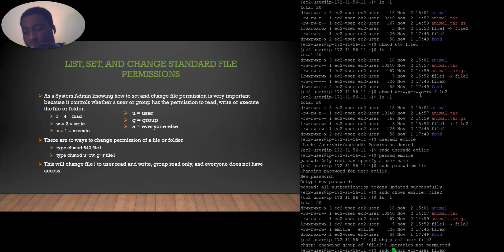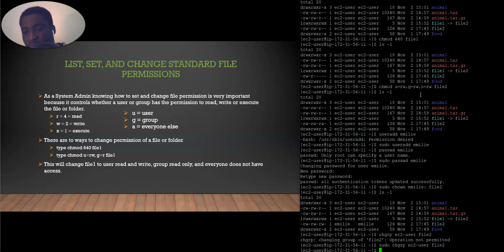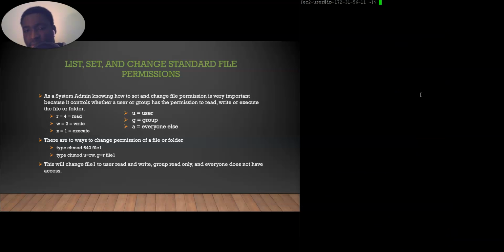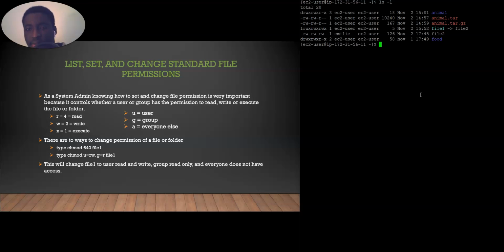So type sudo, clear your screen, list the contents of the working directory, and you will see that the user Emily owns the file, and then the EC2-user group owns the file. This is the user values, and this is the group values.